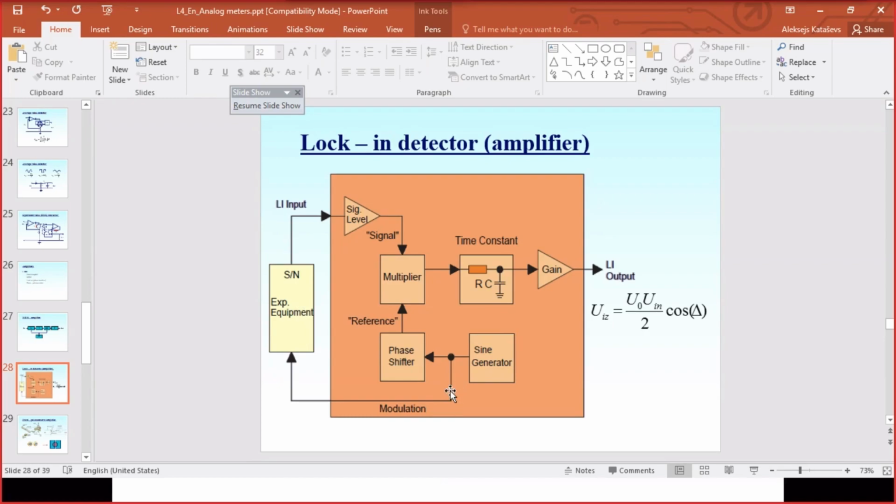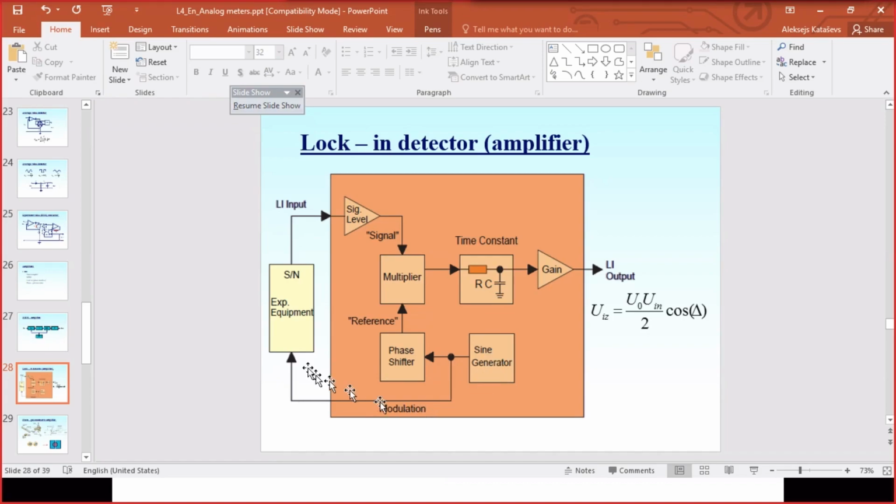As in the previous example, we may use this sine generator to drive the electro-optic modulator, so the light is harmonically modulated. Another example may be some kind of resonant mechanical system, and we excite this mechanical system with an outer excitation of the same frequency that the sine generator provides.